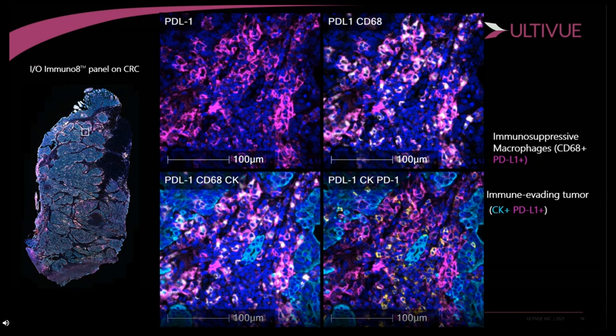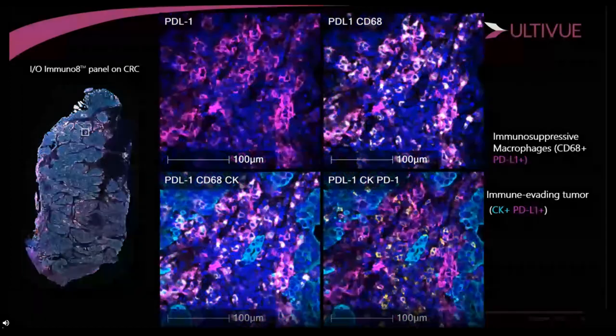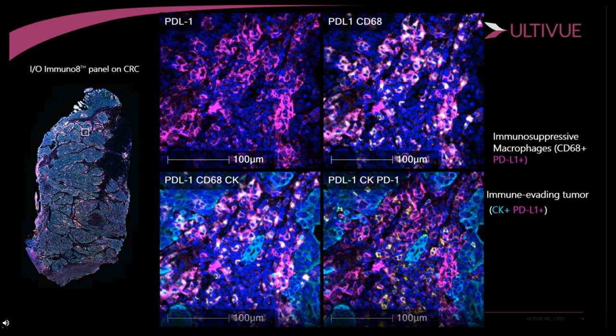Last, you see in pink here PD-L1 staining and its combination with either CD68 in white or pancytokeratin in cyan. And this allows you to identify really cells that express PD-L1, which are not necessarily only tumor cells, but also can be macrophages. And in this specific tumor, you might be able to see in the lower left panel that most of the PD-L1 is expressed on macrophages rather than on tumor cells.